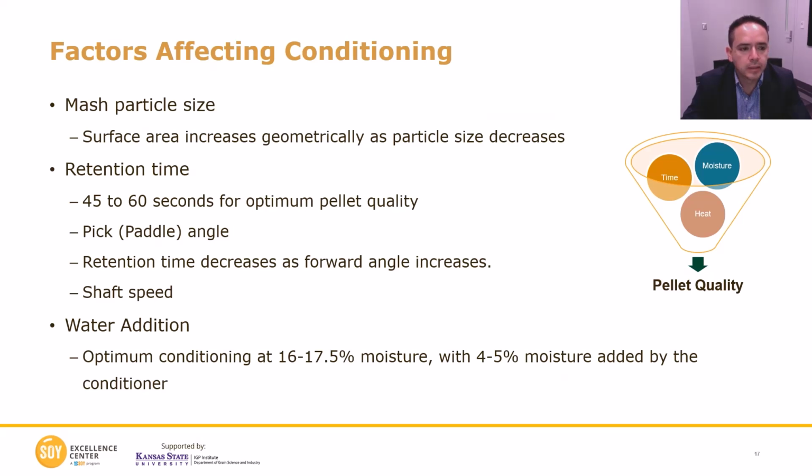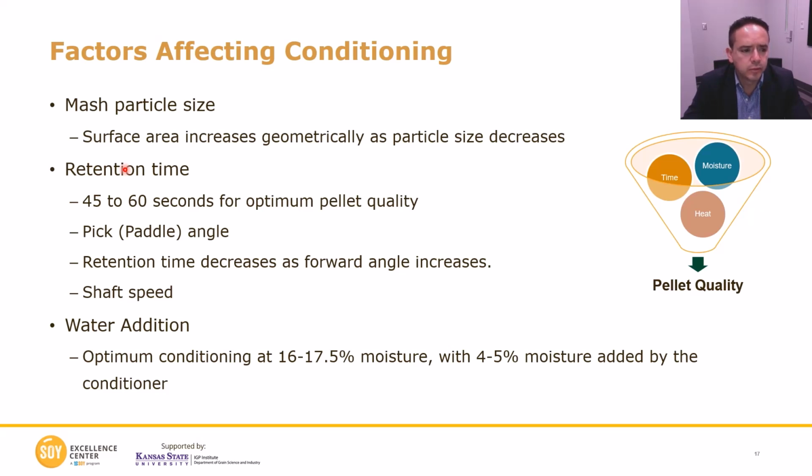There are several factors that affect conditioning. One of the factors is the mash particle size. As I mentioned before, surface area increases as particle size decreases. The other factor that is going to influence conditioning is retention time.